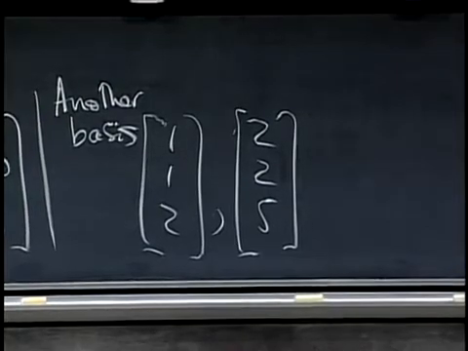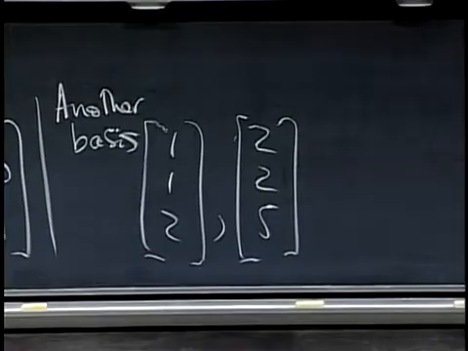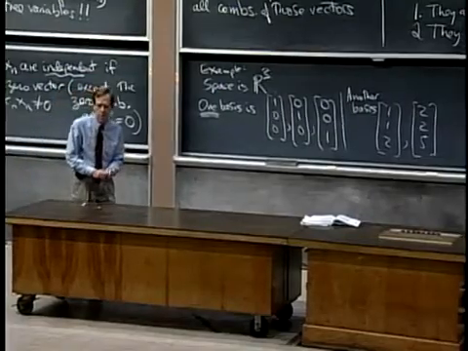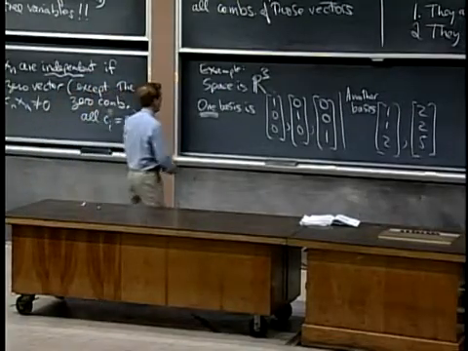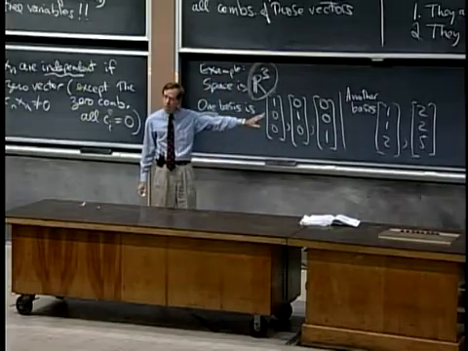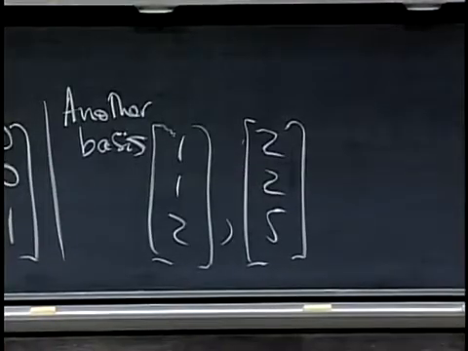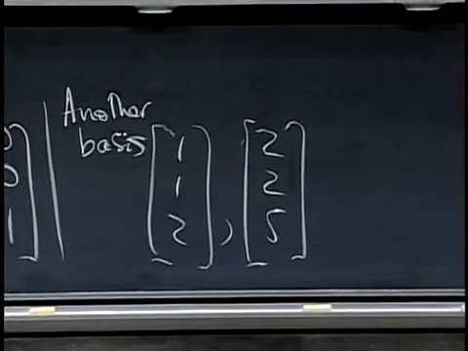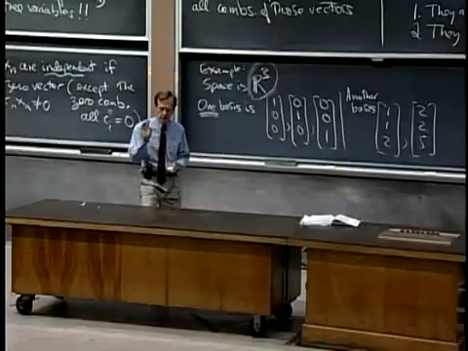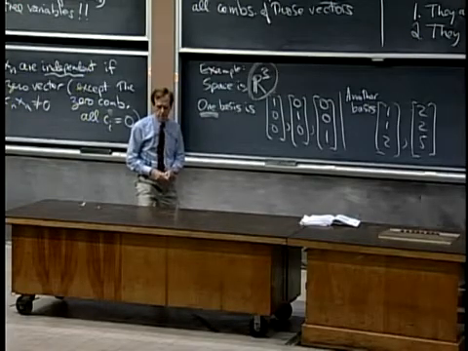Has that little bunch of vectors got the properties that I'm asking for in a basis for R3? Are they independent, those two column vectors? Yes. Do they span R3? No. Our feeling is that there are some vectors in R3 that are not combinations of those.